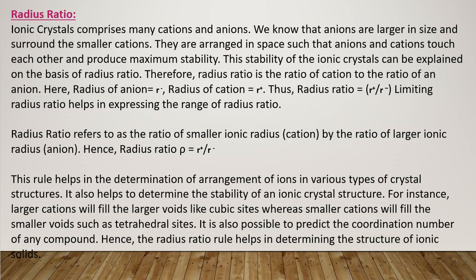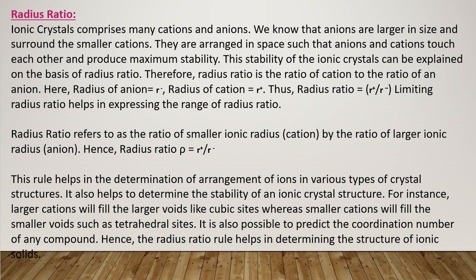If we are talking about ionic solids, an ionic crystal comprises many cations and anions, right? Cations are the positively charged species and anions are the negatively charged species. Anions are larger in size and surround the smaller cations.